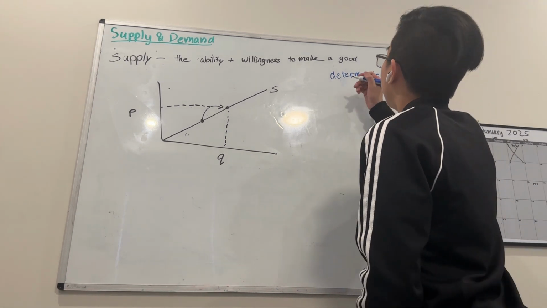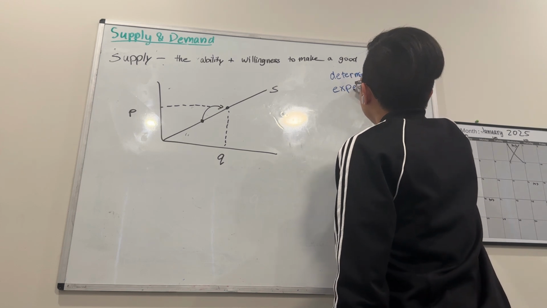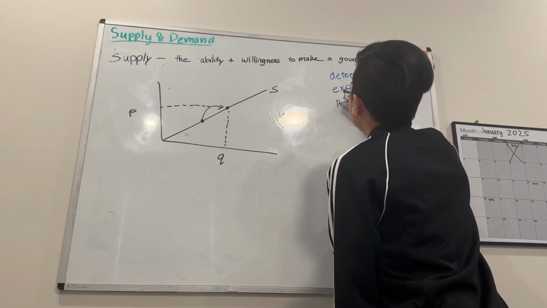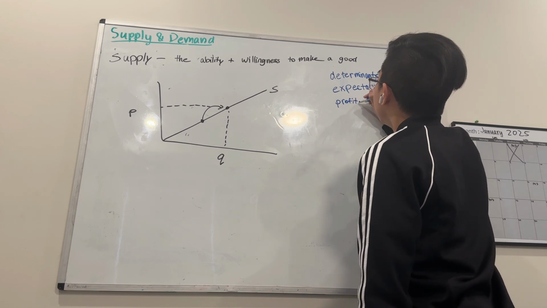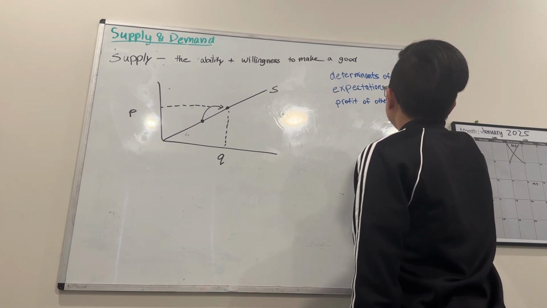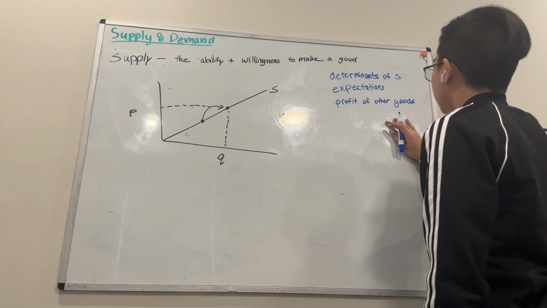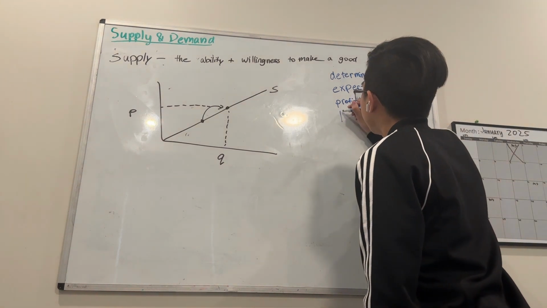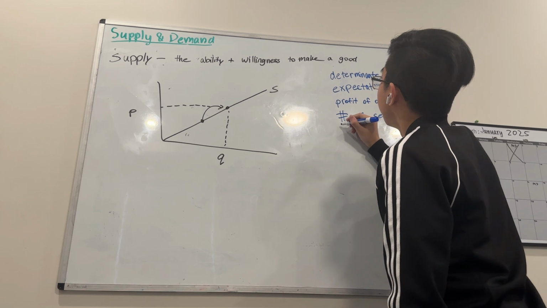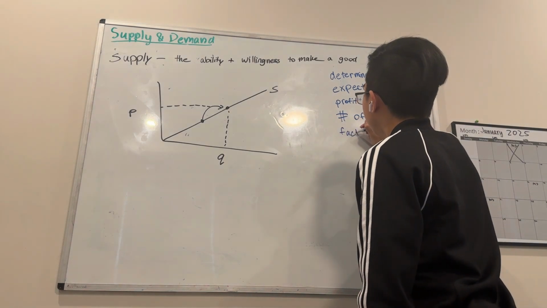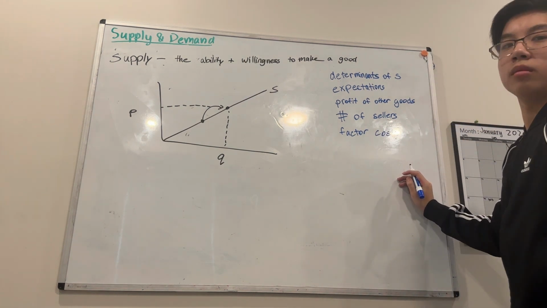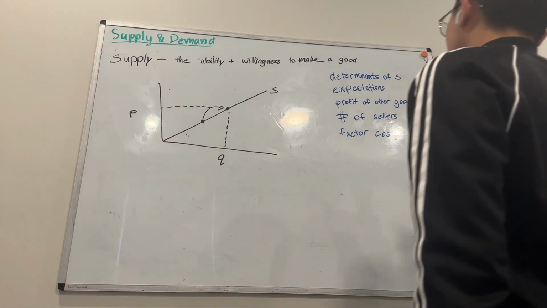are expectations, profitability of other goods, number of sellers, factor costs, and the capital.